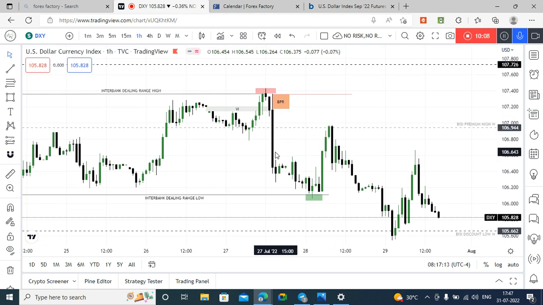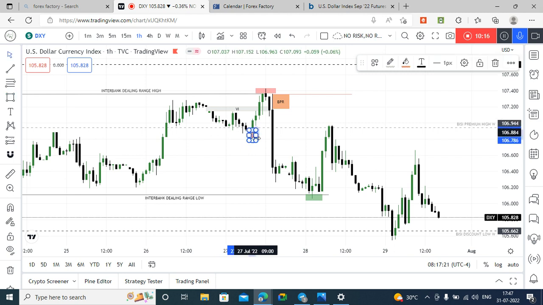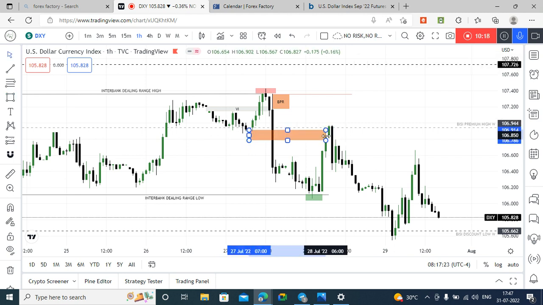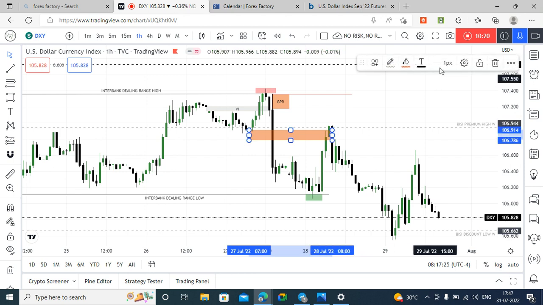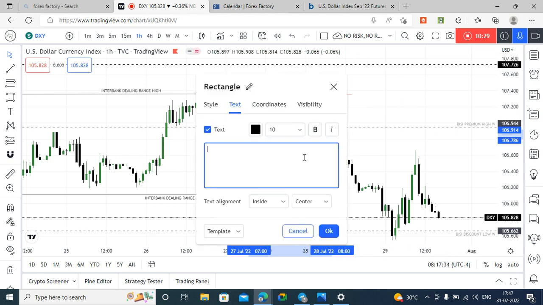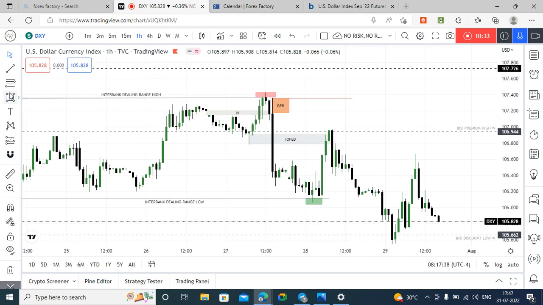Okay, at the same time, see guys, we have a clear institutional order flow entry rule, which is this wick and this imbalance candle. This is the institutional order flow entry rule, and this is the clear breaker also.